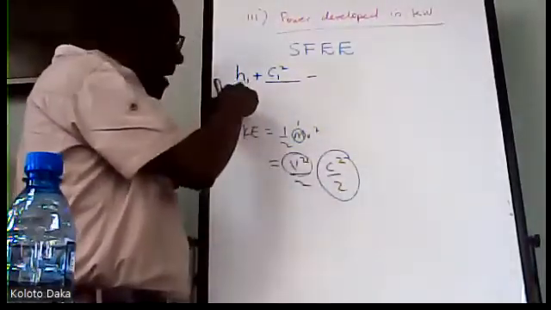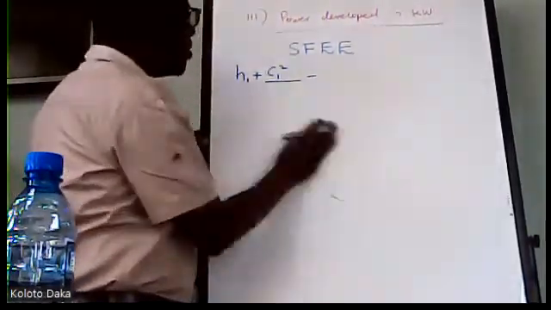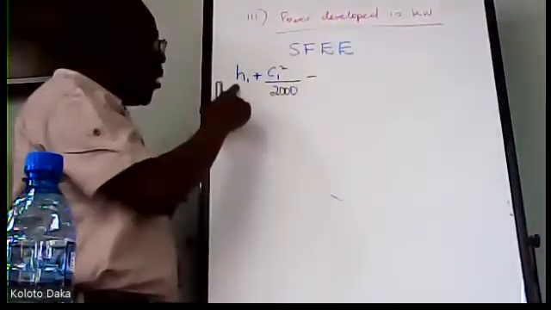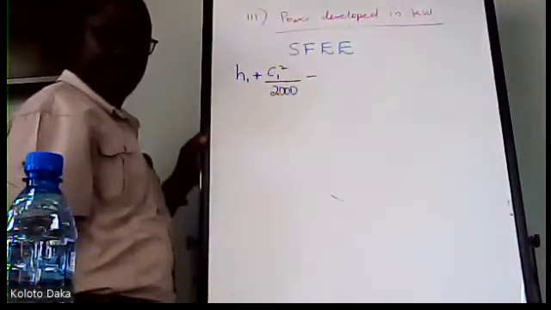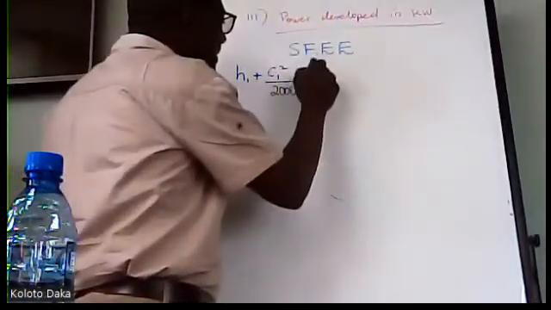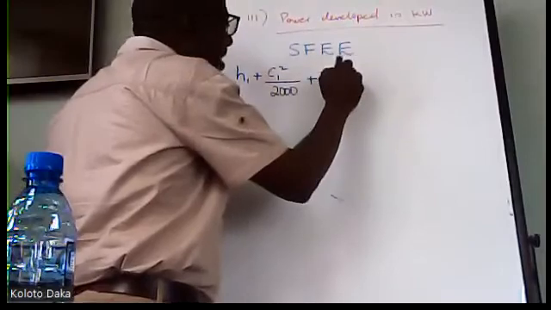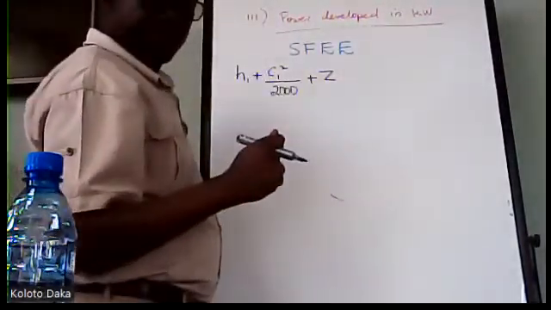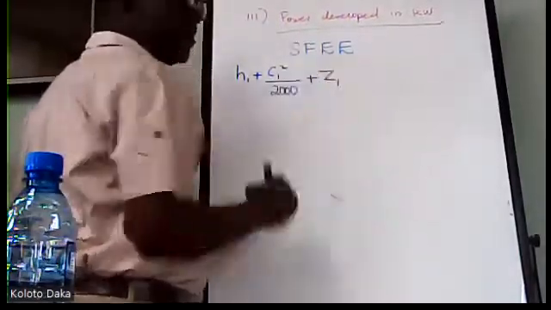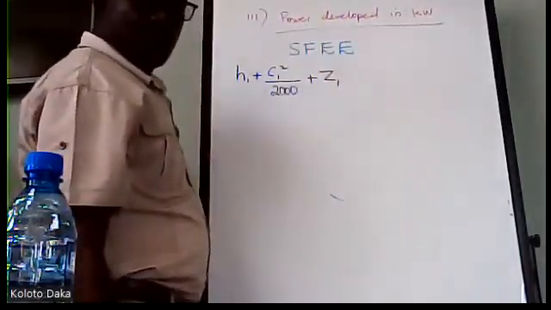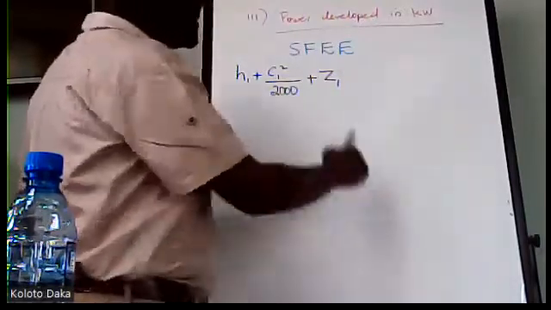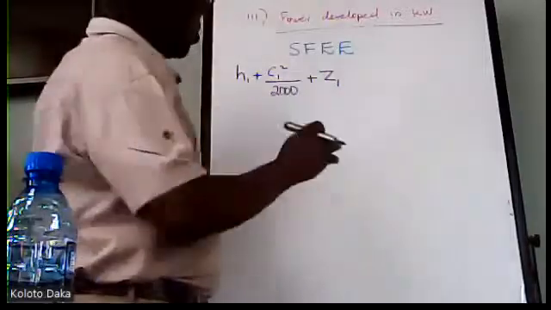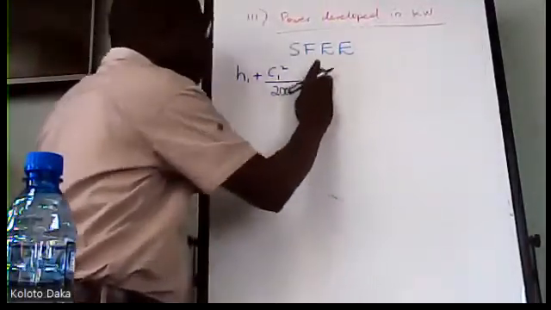So you have the specific enthalpy, and then the kinetic energy, plus potential energy, which is Z. But since in this question the height was not mentioned, this one is ignored.